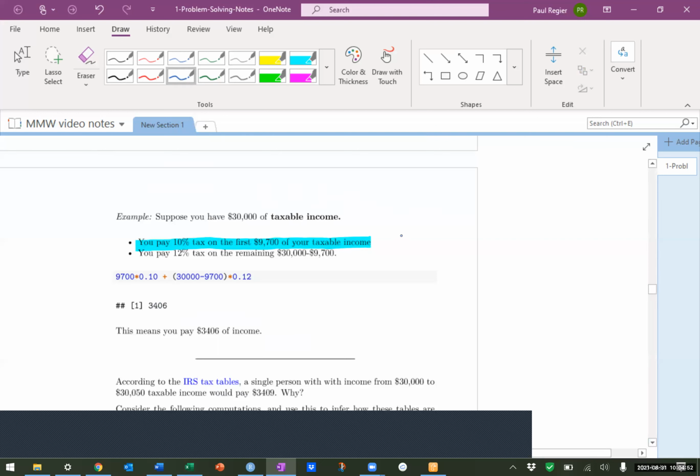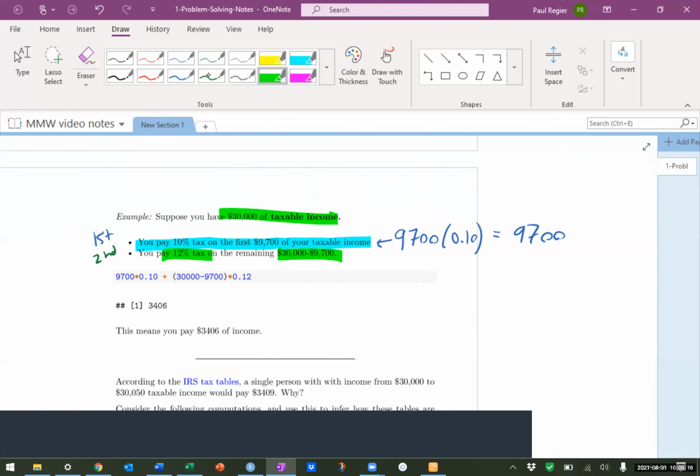If you max out the first tax bracket, it's always 9,700 times 10%. So $970. That's what you pay for the first bracket. For the second, any income above 9,700, you can calculate as 30,000, your taxable income, minus 9,700. And that's charged a rate of 12%. So we could calculate that by saying 30,000 minus 9,700 times 12%.